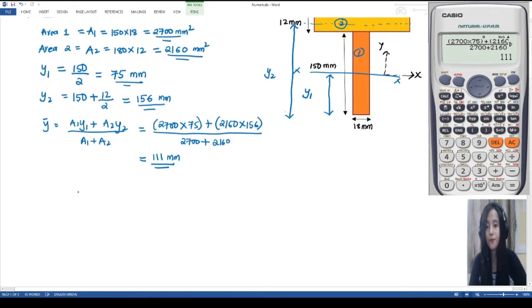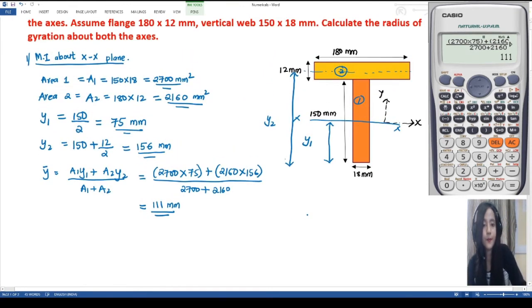It means that if this is my y1 distance, and the total depth of the web is 150, my y1 at this distance was coming equal to 75, and this distance here, y bar, is coming 111.